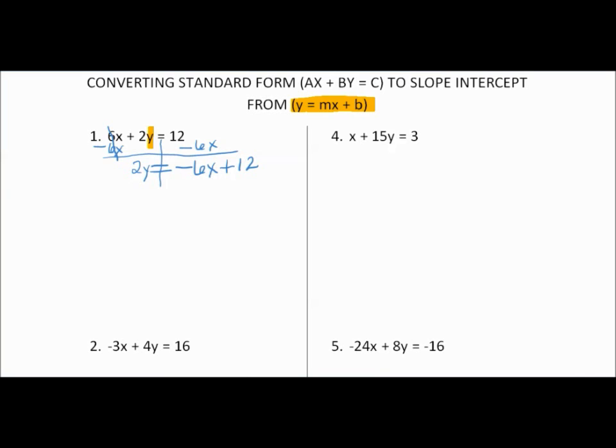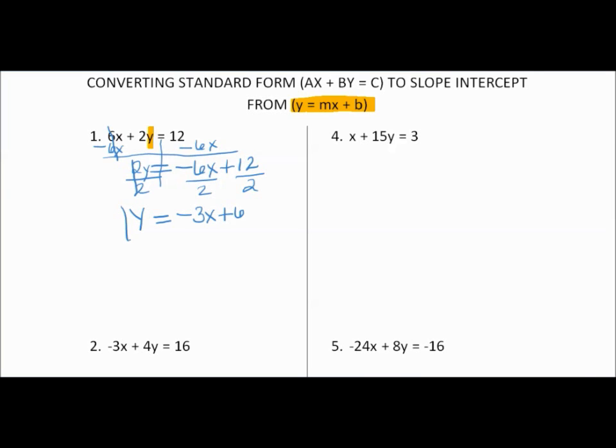Now I need to get rid of this 2, so I'll divide everything by 2. 2's cancel out. That leaves me with y equals. Now, negative 6 divided by 2 gives me negative 3. Bring down the x. And 12 divided by 2 is 6. So this will be plus 6.